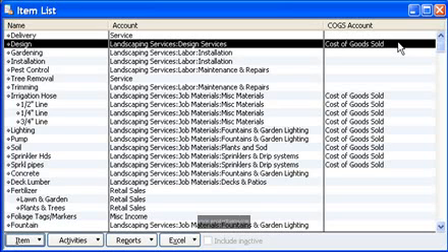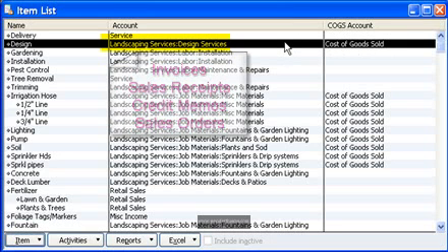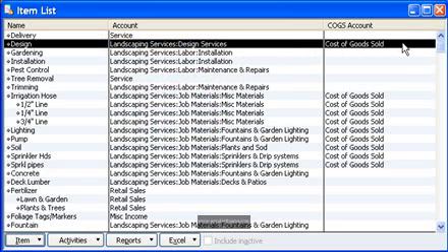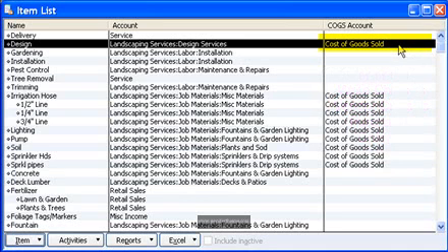When this particular item is used on a sales screen, such as the invoice screen, could also be the sales receipt screen or even the credit memo screen, it's going to post to this revenue account called Design Services. When this item is used on a purchase screen, such as the Enter Bill screen or the Write Check screen, it means that it's going to post to this COGS account here in this column, this Cost of Goods Sold account.